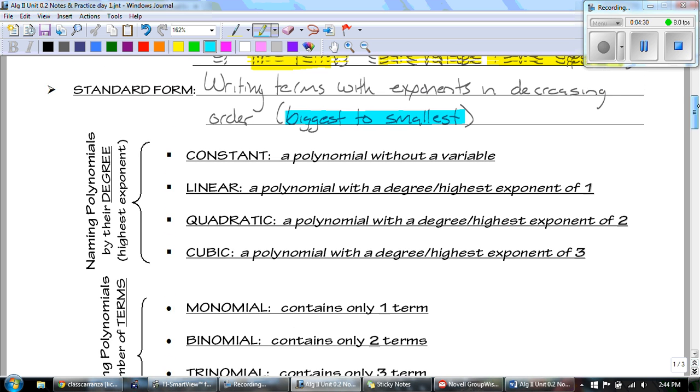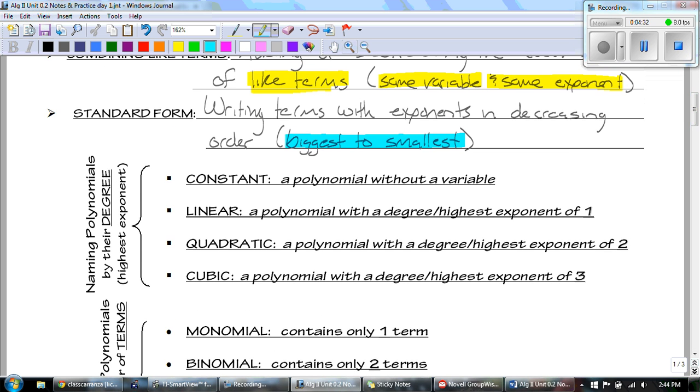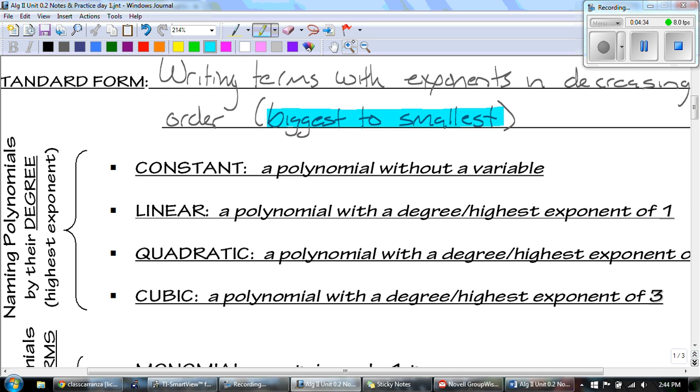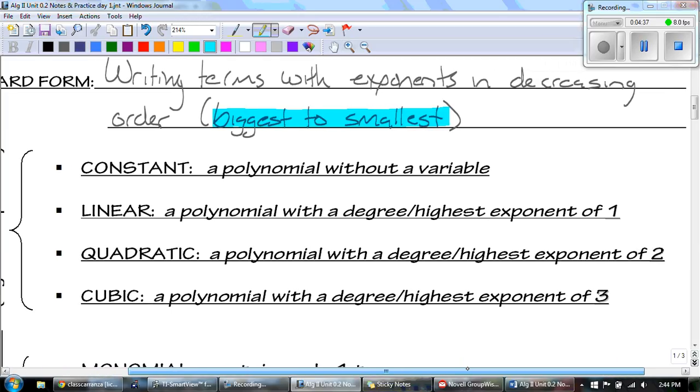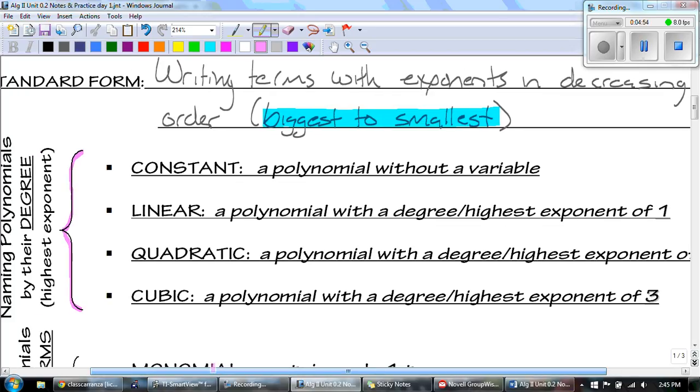Now, let's take a look at this one thing at a time. Within this first group, we are talking about naming polynomials by their degree. When we're looking at the degree, we're really taking a look at their highest exponent.